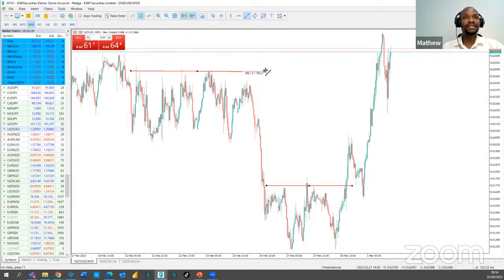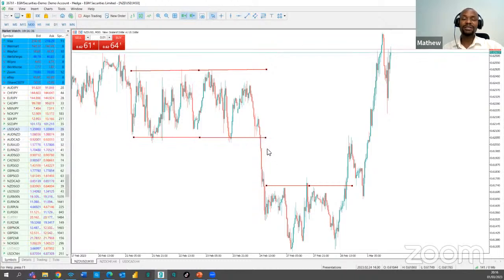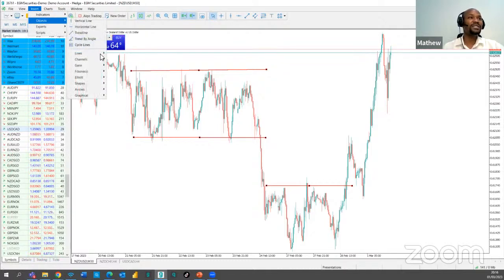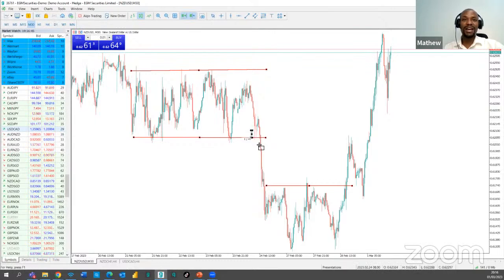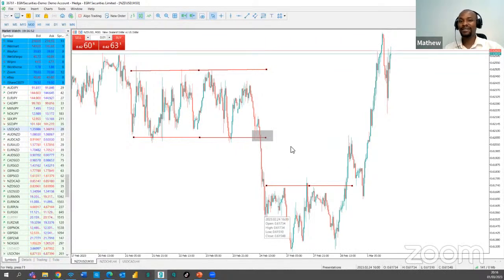We have a resistance here, and then down here we have a support, and then there was a breakout. This one could have worked pretty well for retail traders who are not using smart concepts, because right after this breakout you can see a little bit of a retest and the price just went down. That was a nice entry.